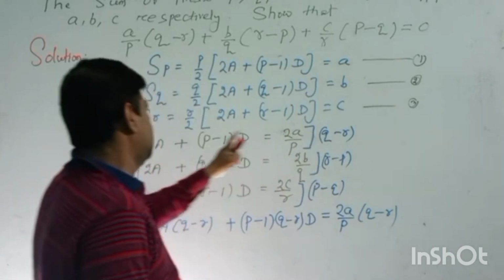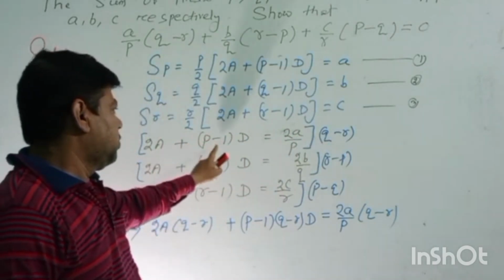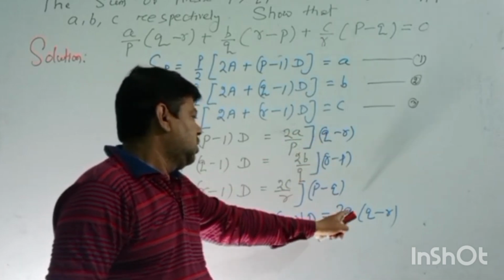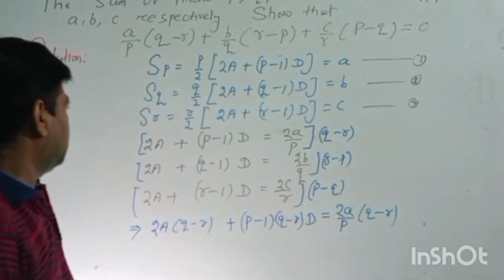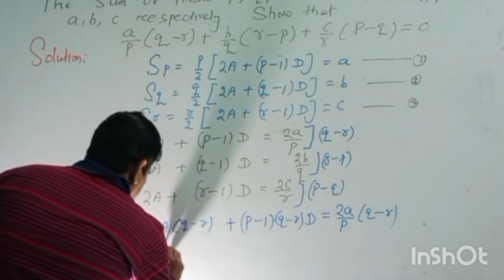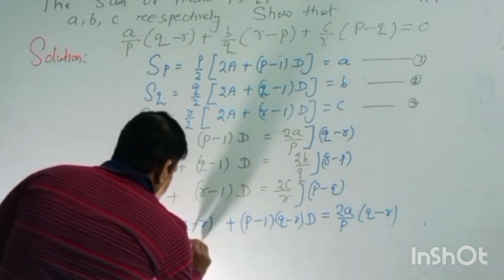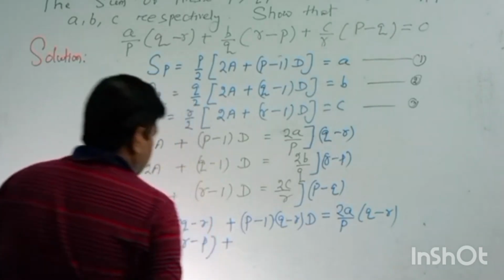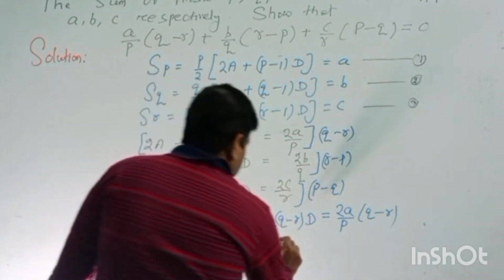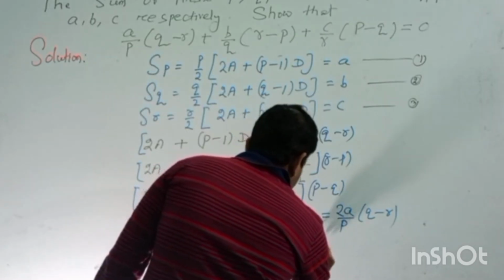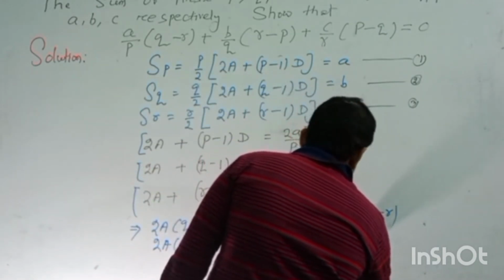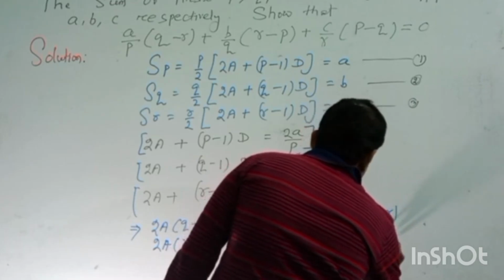Here Q minus R I can multiply with 2a and also with (P − 1)d, and with 2A divided by P. Similarly, multiplying R minus P on both sides, you will get 2a (R − P) + (Q − 1)(R − P)d = 2B/Q (R − P).